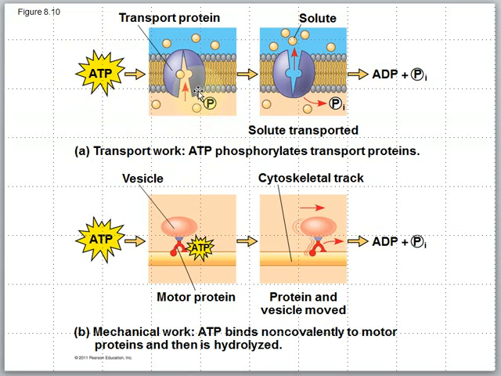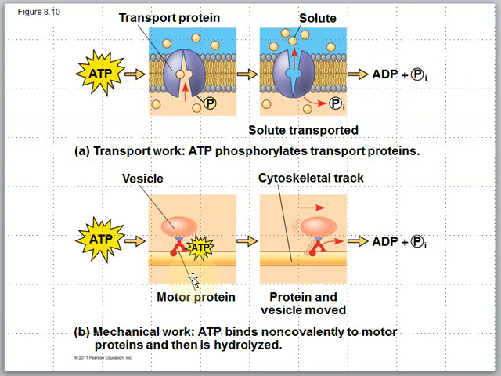That phosphate group will attach to the protein. That will change its shape and allow it to move that solute from one place to another. And then that phosphate group is then released from the protein. Note that at the end of this, we have ADP, adenosine diphosphate, and we have that extra phosphate group. Those two can actually be recombined later to create ATP and start the process all over again.